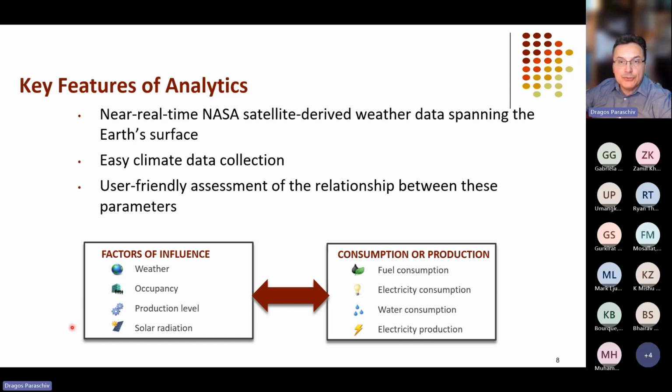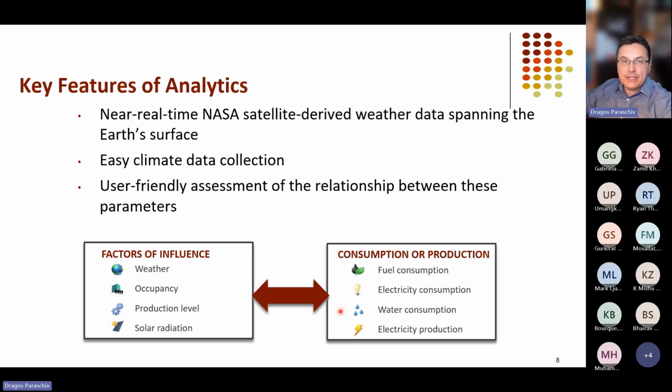Let's say if we do an evaluation of a renewable energy project, we can use the solar radiation as an input parameter for the production of our PV system. And as I said, on the dependent variable, the consumption or production, we can use a variety of inputs here, not just the energy as per se, natural gas and electricity, but we can use water, for example.